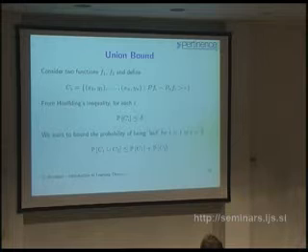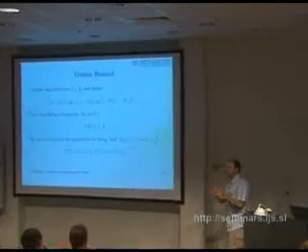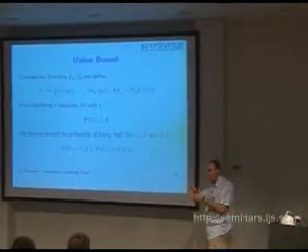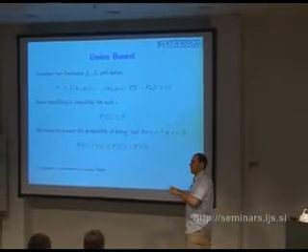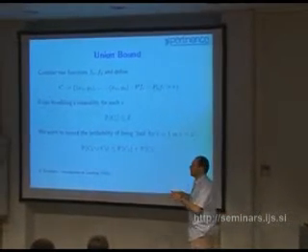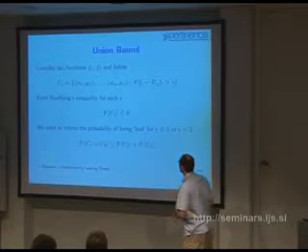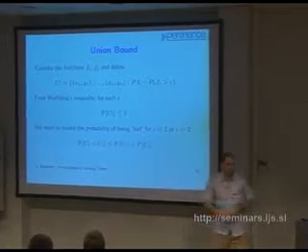Okay, so now we come to what I call the union bound. And that's the key ingredient in going from inequalities for individual random variables or fixed functions to inequalities for many different random variables or suprema of random variables. Okay, so let's take the simplest case.